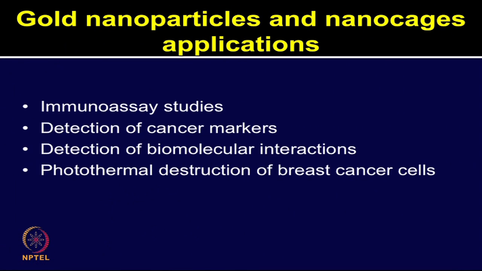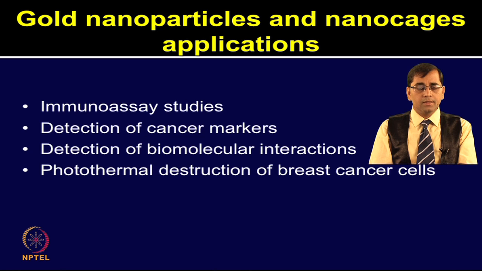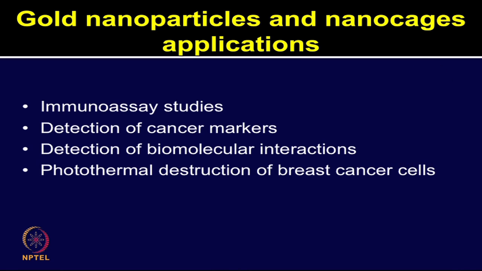The gold nanoparticles and nanocages have shown applications in a variety of fields, specifically in proteomics. They have been used in immunoassay studies, detection of cancer biomarkers, and detection of various biomolecular interactions, as well as photothermal destruction of breast cancer cells. These applications have been demonstrated in some of the published studies, which have shown the potential of using gold nanoparticles and nanocages for various proteomic applications.